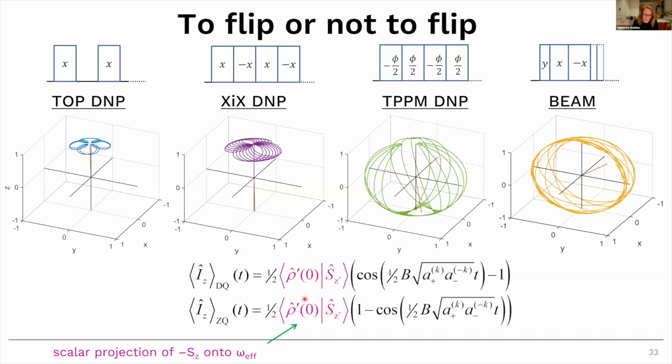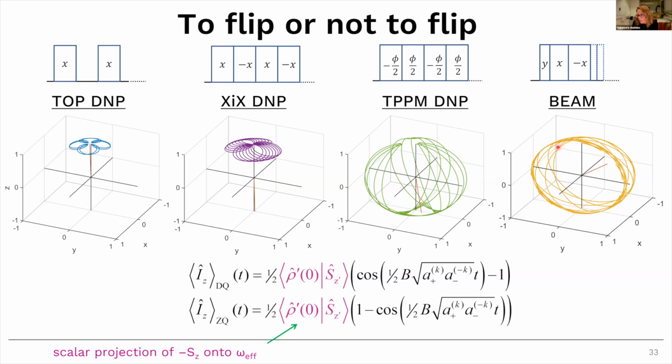So this product here is essentially the scalar projection of ρ0, minus SZ, onto the direction of omega effective, onto the direction of this vector. Now, in the case of the TOP DNP, XIX, and TPPM sequences, omega effective, again indicated by the red line, you see that we don't have to tilt very far. Omega effective is pretty much along the z-axis. So that's good news, because that means that this projection is very close to 1, and we can do the transfer pretty much completely.